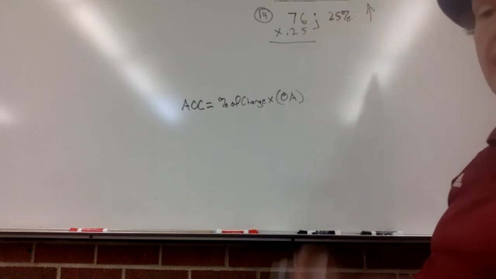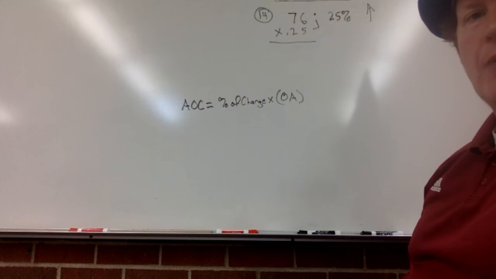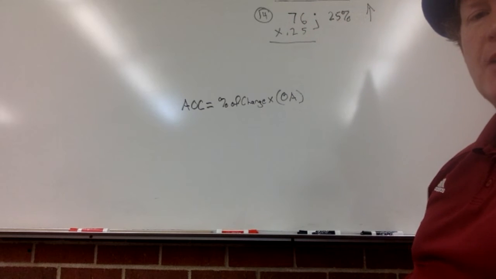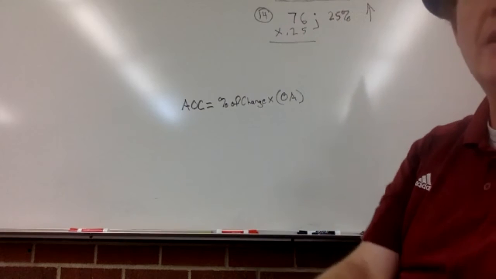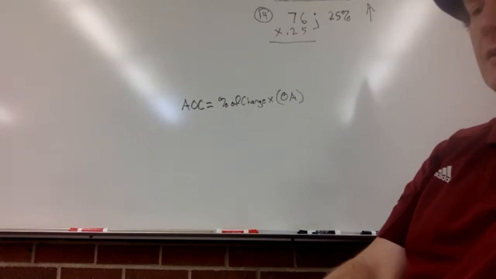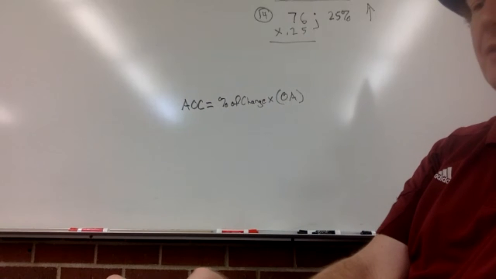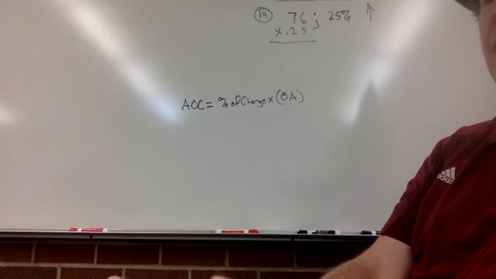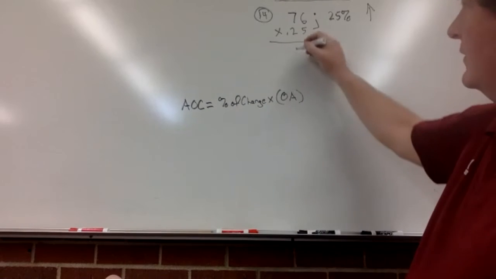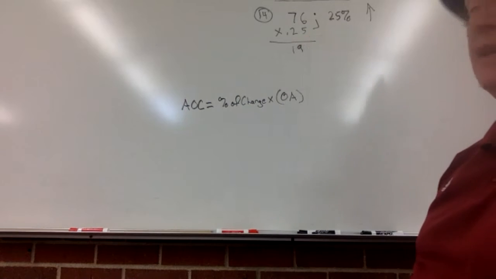Now we multiply these. I won't deny you using a calculator if you want to on this one. 76 times 0.25. When I do that, I got the answer of 19.